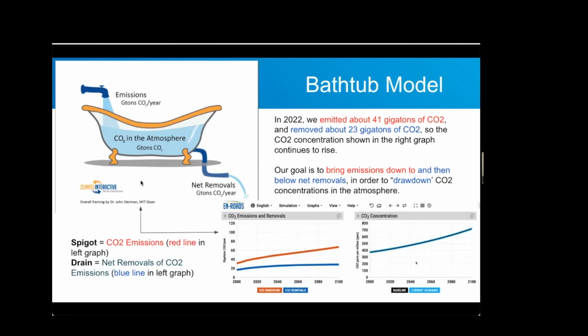And because of that, you can see on the CO2 concentration graph that it continues to go up until we actually bring the emissions down below where the removals are. So on the left graph, if we could actually move that red line down below the blue line, that's what we call drawdown.